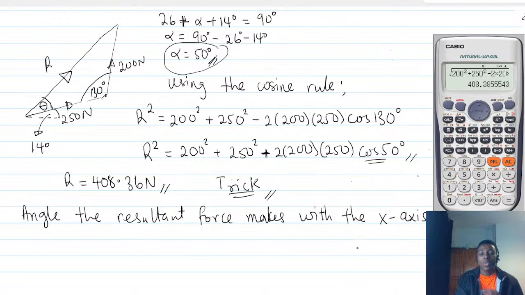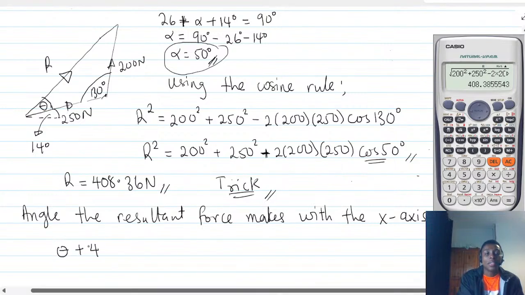Now we are interested in the angle the resultant force makes with the x-axis, and that angle is nothing but theta plus 14 degrees.